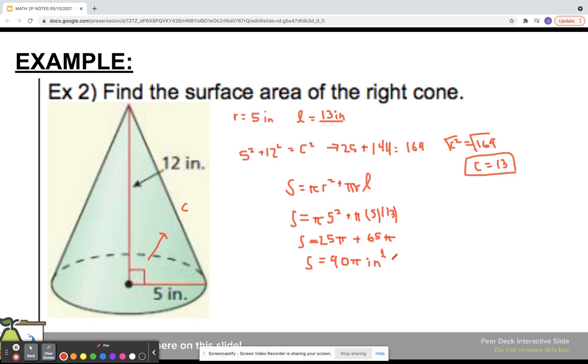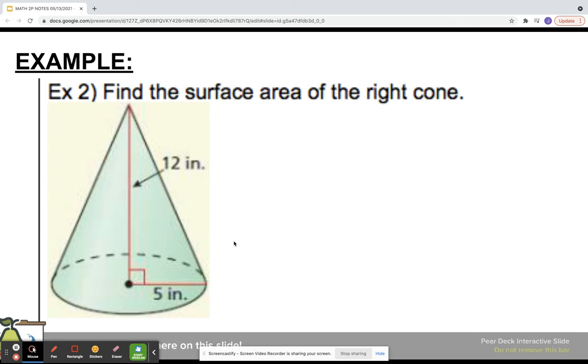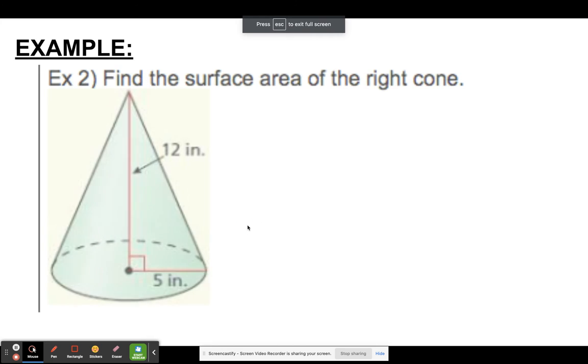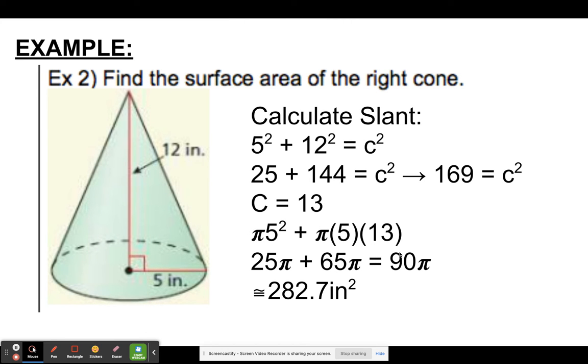So again, this is the exact answer. You can go ahead and type in 90 pi into a calculator and see what the approximation would be. I'm going to go ahead and clear this out, and so we can look at the approximation on the next slide. So the 90 pi would be approximately 282.7 inches squared if we round to the nearest tenth.